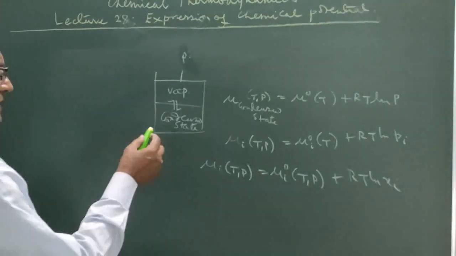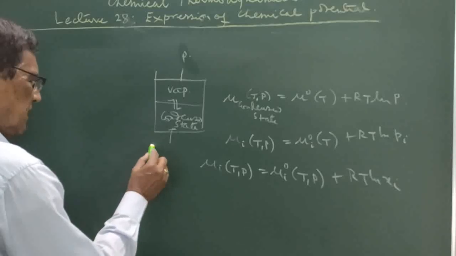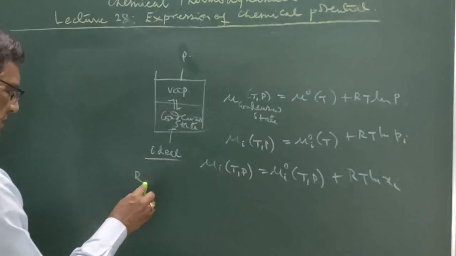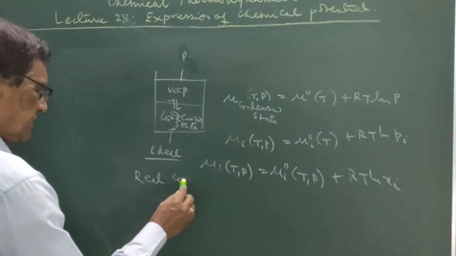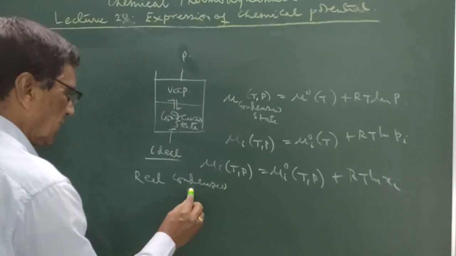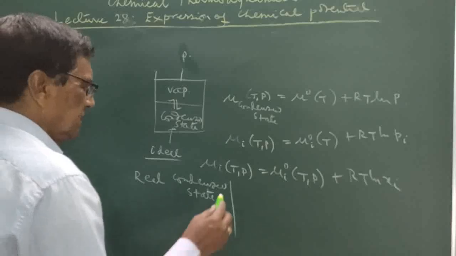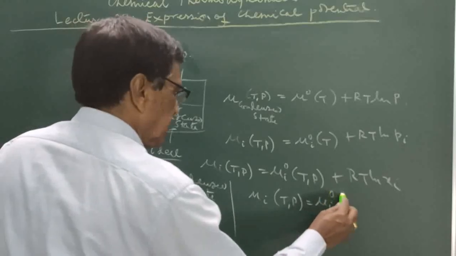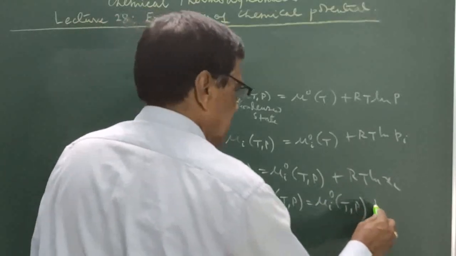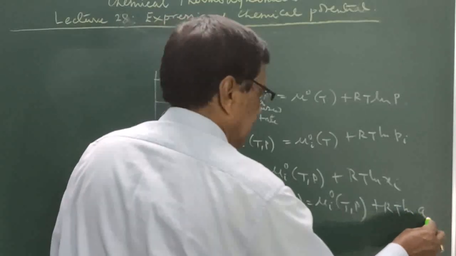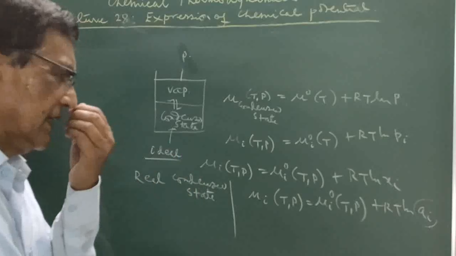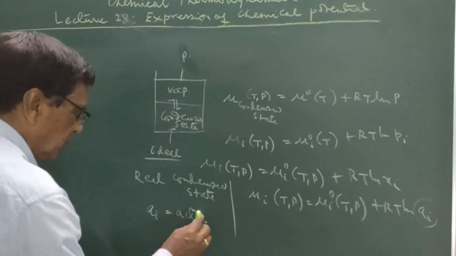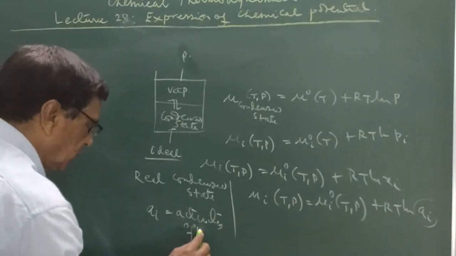For the real condensed state, compared with ideal behavior, a slight variation should be there, and mu i(T,P) equals mu i naught(T,P) plus RT ln ai. ai is the activity of this ith component in the condensed state.